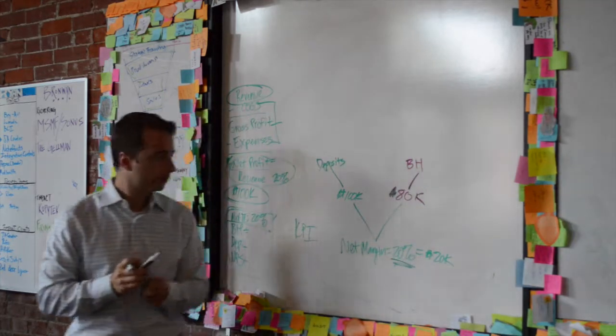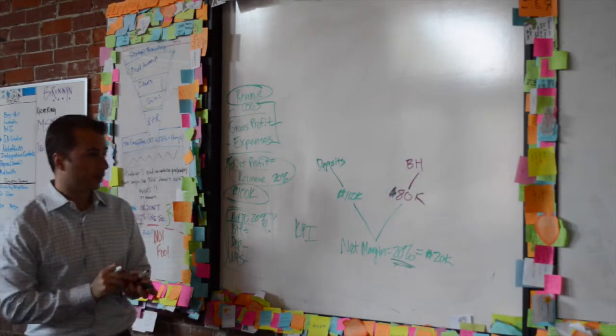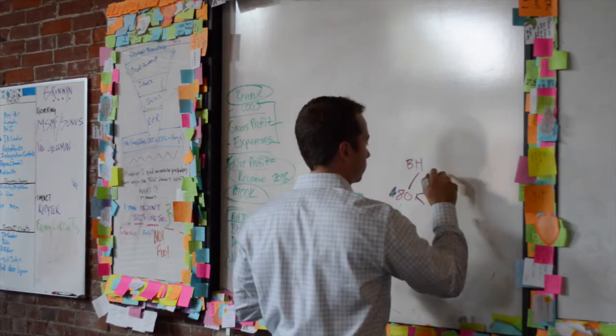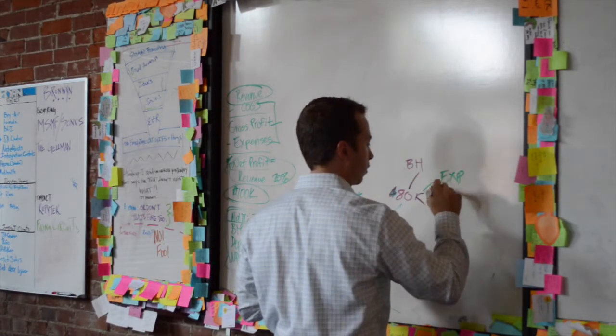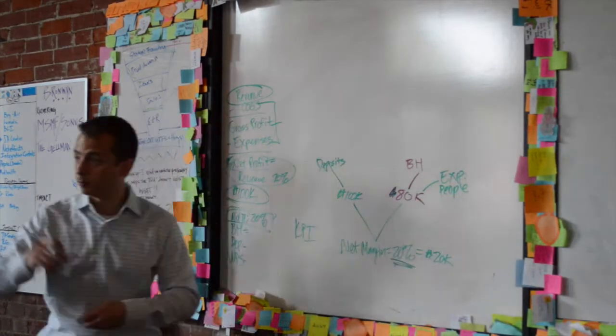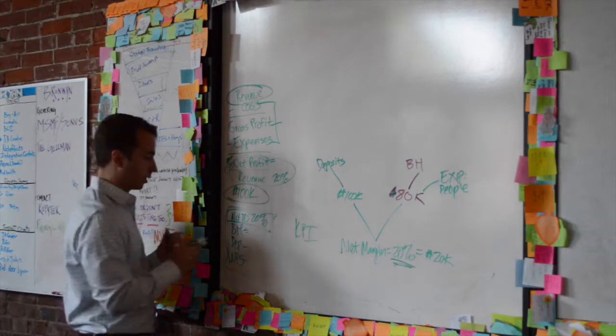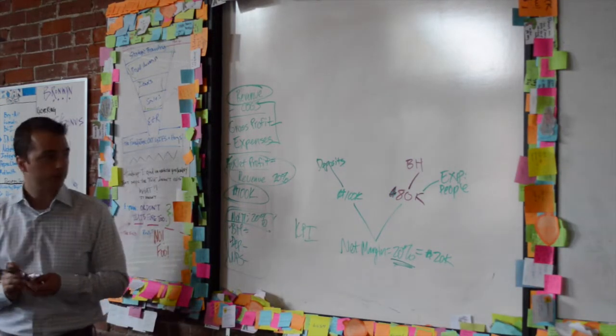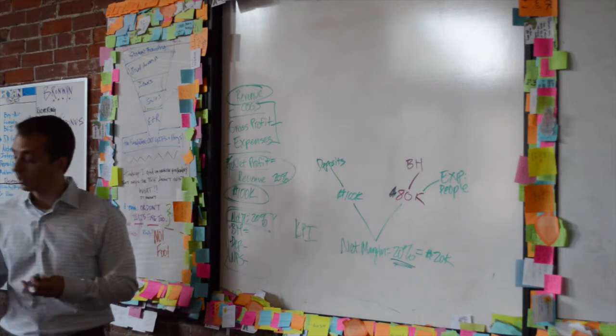What else? If 3 people for the work. Okay, so then that's the expenses. Expenses here are people. The biggest expense. Okay, so we've talked about billable hours, we talked about deposits. How does net promoter score factor into this? Referrals, right?